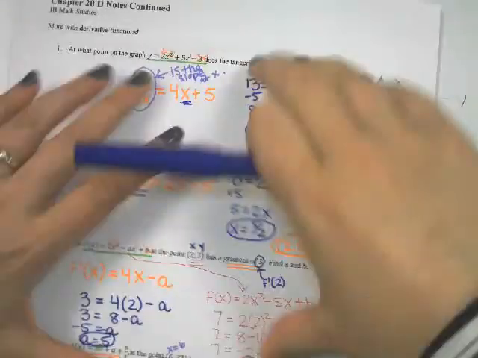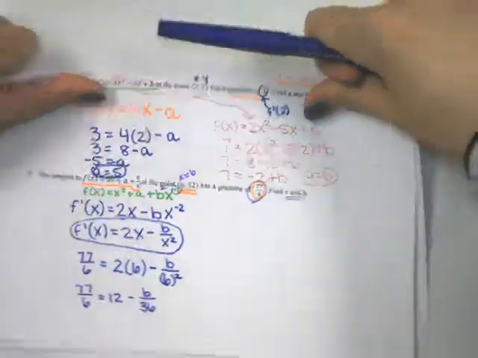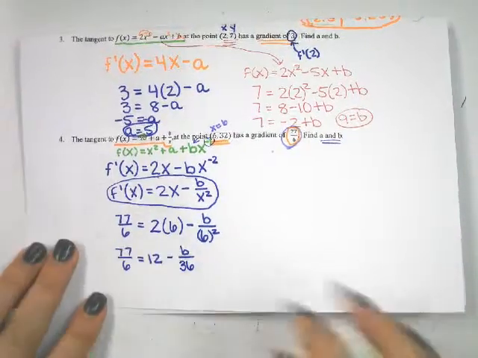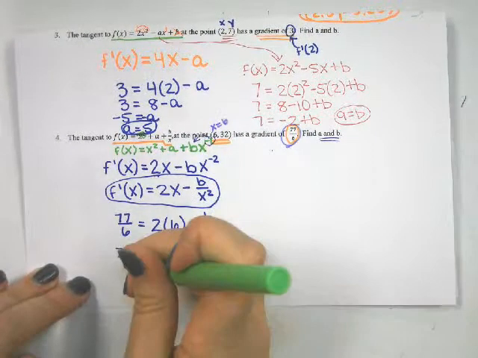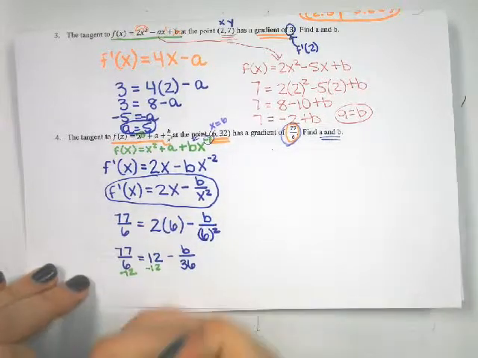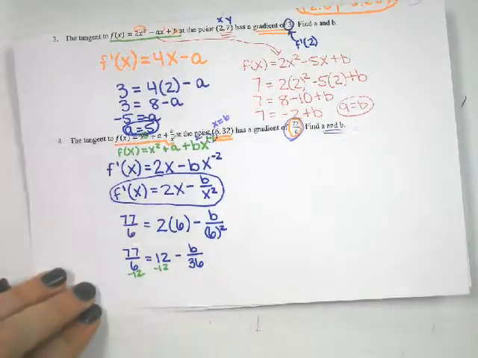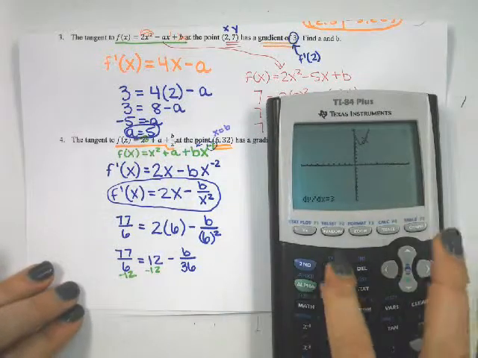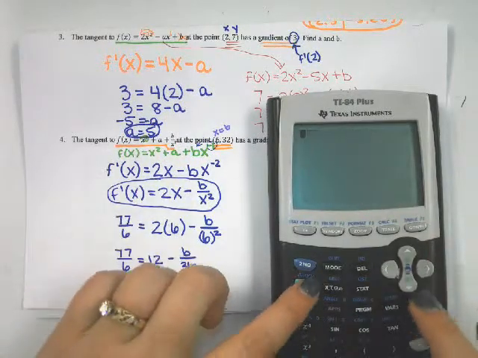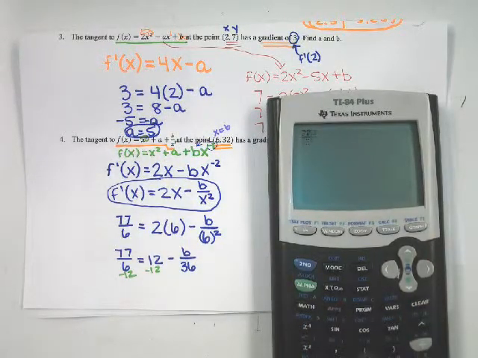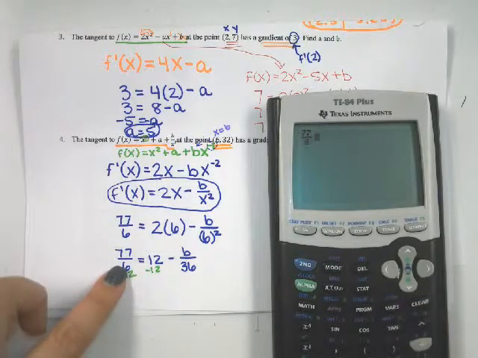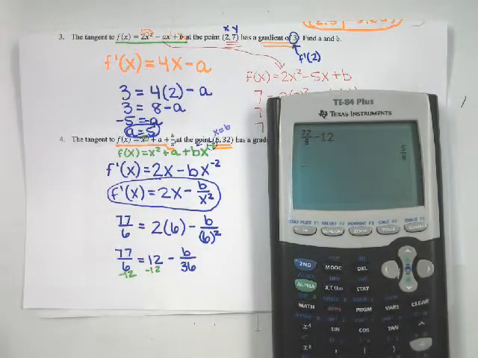I'm going to subtract the 12. Sorry, I'm running out of room here. So I'm going to subtract the 12 on both sides. 77 over 6 minus 12 is 5/6.